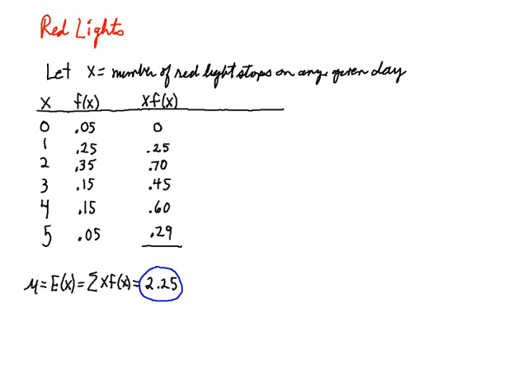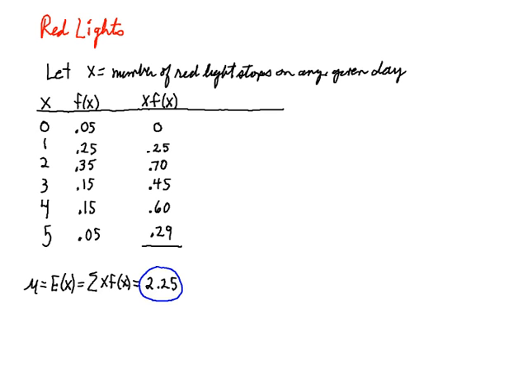Is 2.25. In other words, if I just look at every day and how many lights she stopped and add them all up and divide by the total, that value would be 2.25, the average number of stops per day.